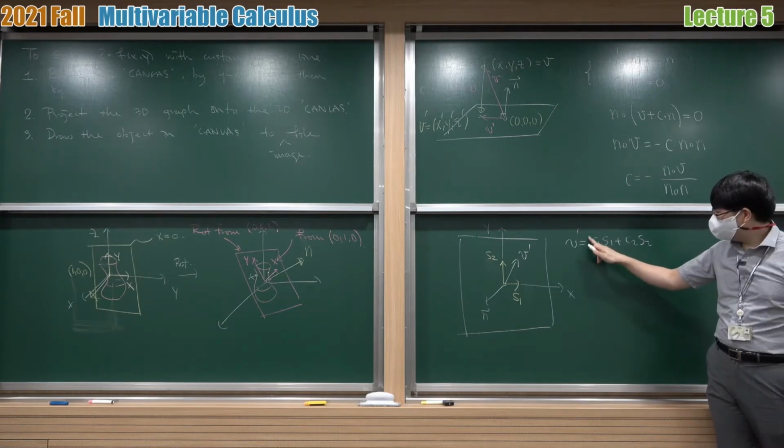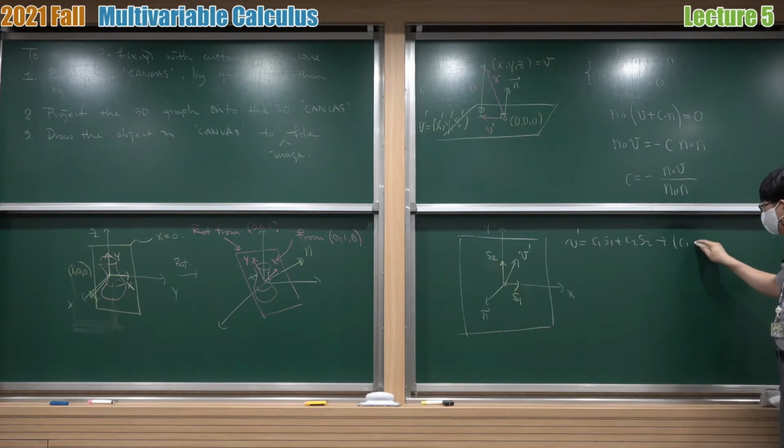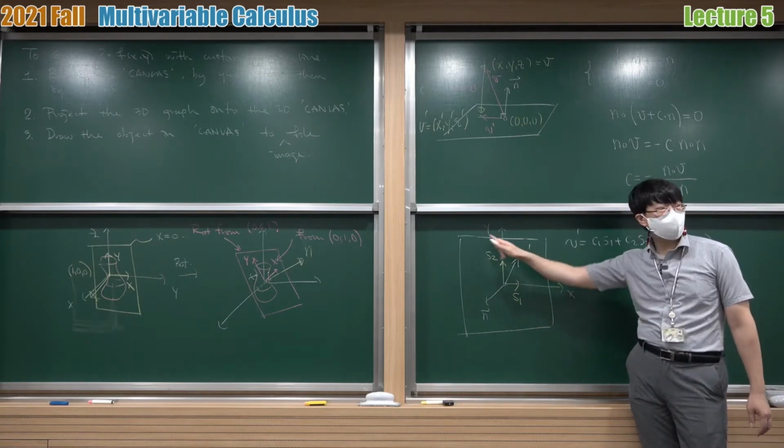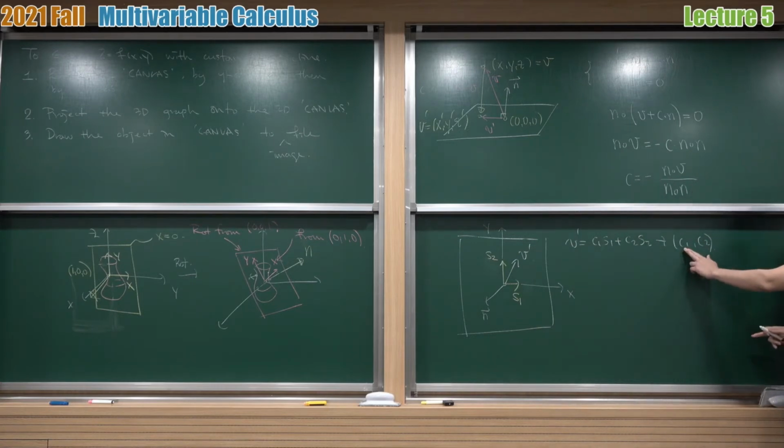These are going to be the x coordinate and y coordinate of the point corresponding to v prime inside of this 2D canvas. So we have to find out how to find C1 and C2.